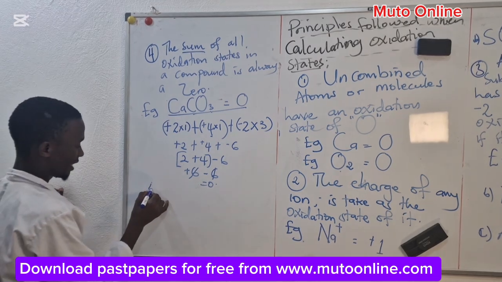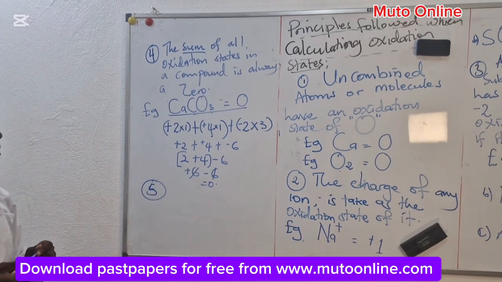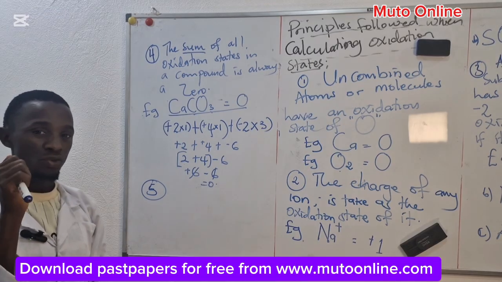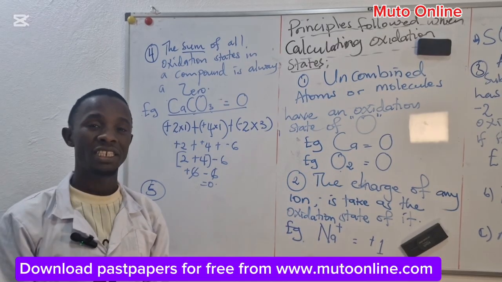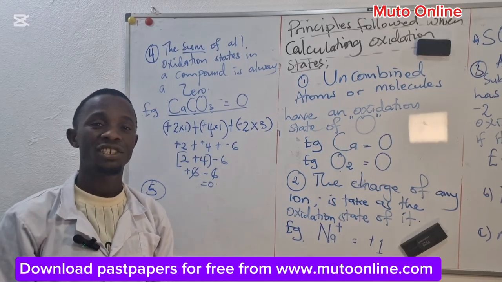And lastly, rule number 5: the oxidation states of all atoms in a compound are the number of electrons on the outermost energy level needed to be lost or gained or shared during bonding.